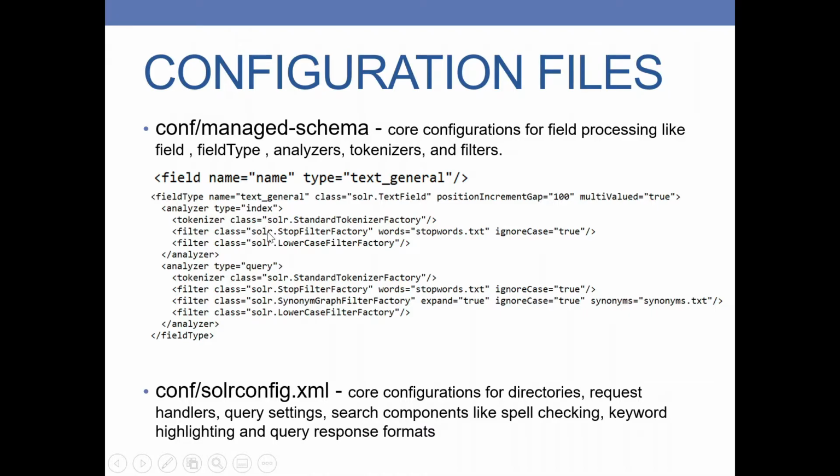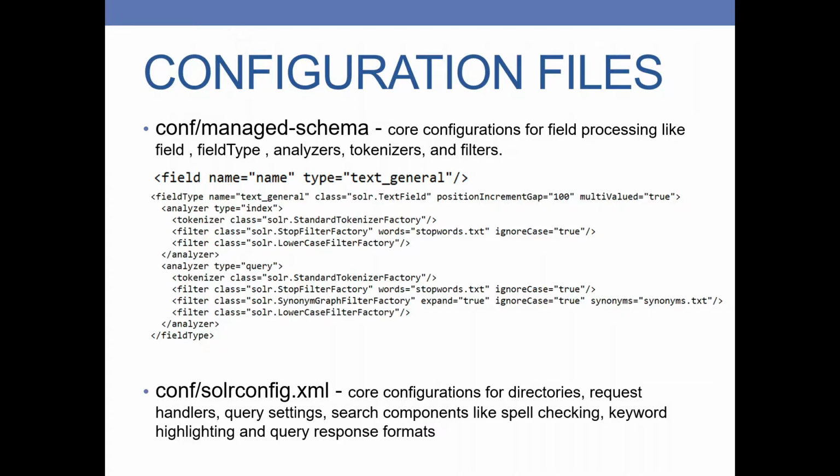Under the index analyzer, you could add the tokenizer part of how your text should be tokenized, and you could also add multiple filters. Like here, there is a filter added for stop words. So within stopwords.txt, you can add words which you want to ignore, and those words would not be indexed.